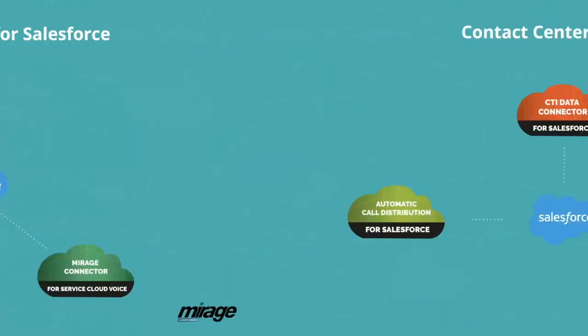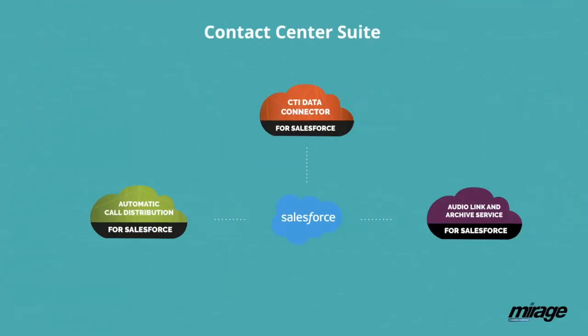We can then bundle several products in the contact center suite. The contact center suite is available for a few selected telephone systems and extends the basic product with call distribution based on Salesforce data.